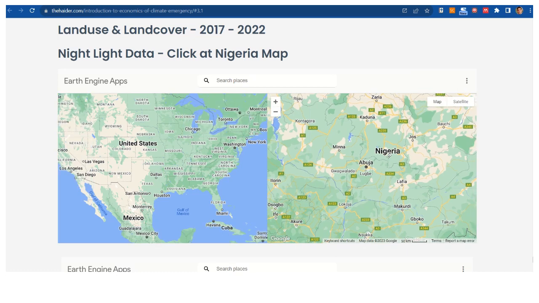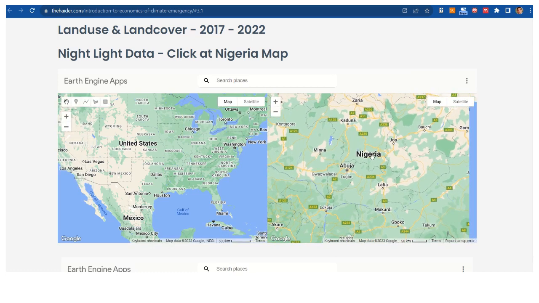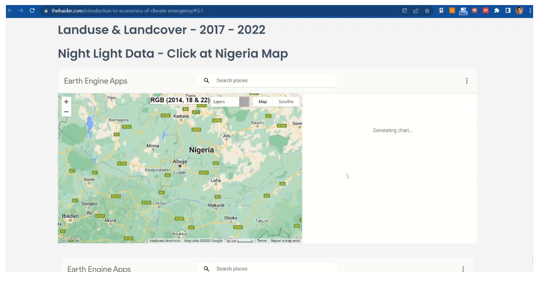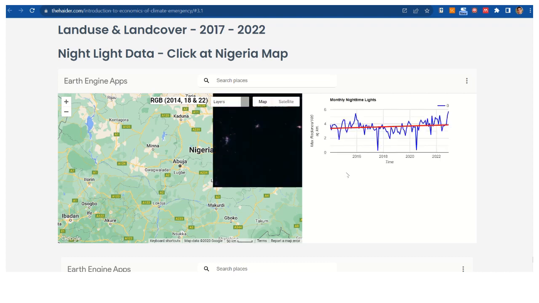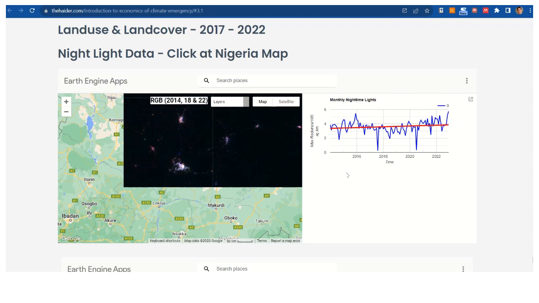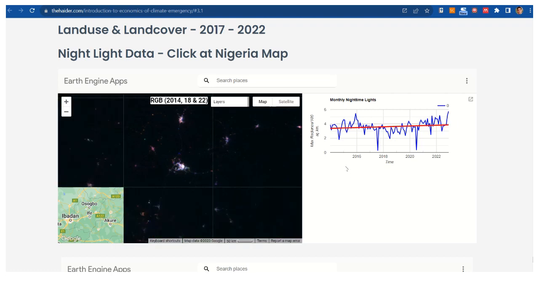After this, you wait for a moment, then you click here. Well, I'm sorry, this is not the land use and land cover.